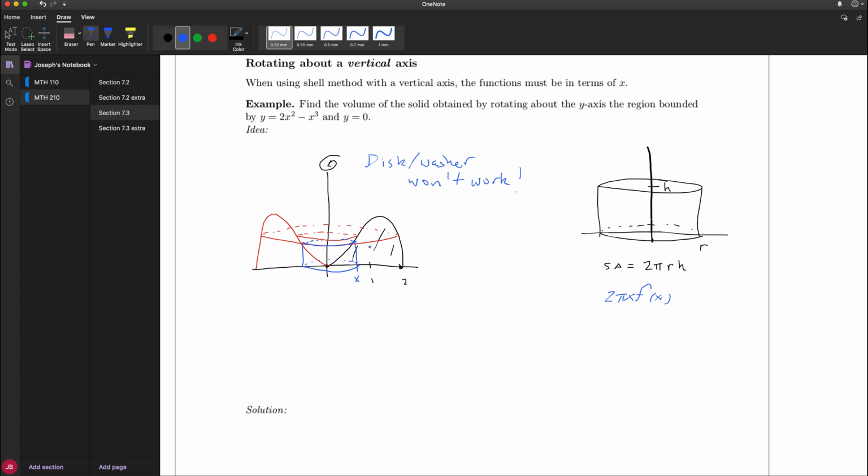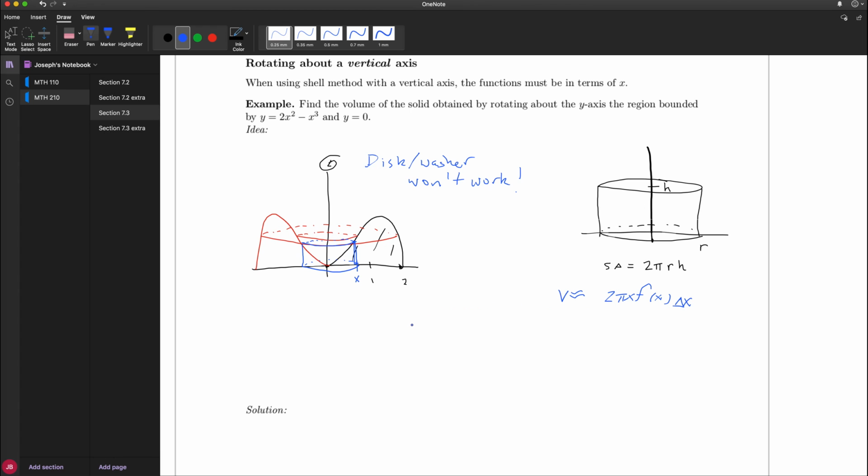Now if we add just a little bit of width to this, then you can find the volume of that cylinder, but it's very, very thin. Let's pretend that the thickness is called delta x. Then we would integrate this, but what we know is that Greek turns to Roman when we integrate.